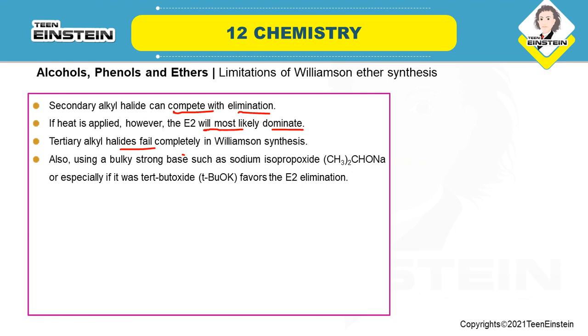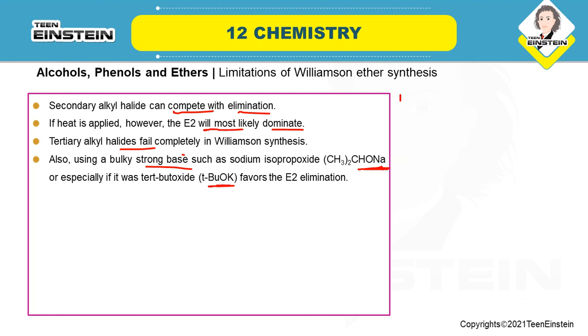Also, not just secondary or tertiary alkyl halide, suppose the base that you are using, the alkoxide, is very bulky and very strong, then there is also a problem of elimination. Suppose the alkoxide you have taken is isopropoxide, that is Me2CHO-, or tertiary butoxide, t-BuOK.